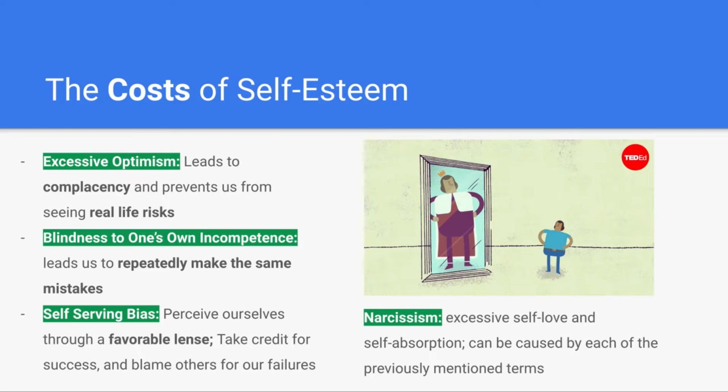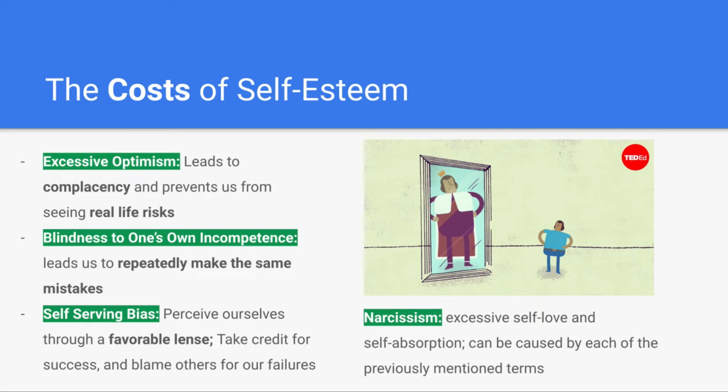Okay, next, let's talk about the costs of self-esteem and understand 4 key terms. First, let's talk about excessive optimism, which is when someone is optimistic too often, and it can actually be harmful to their success. Excessive optimism leads to complacency in one's life and prevents us from seeing real-life risks.